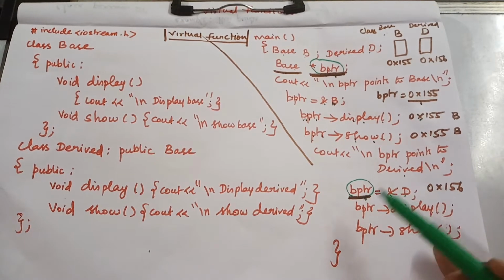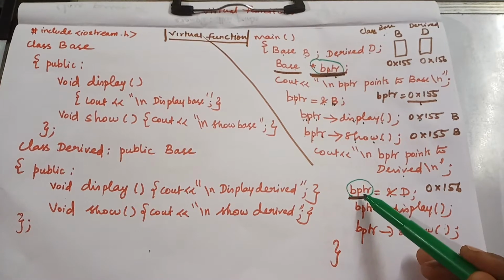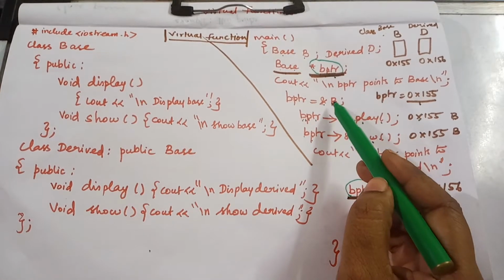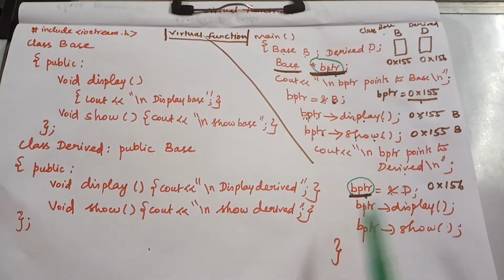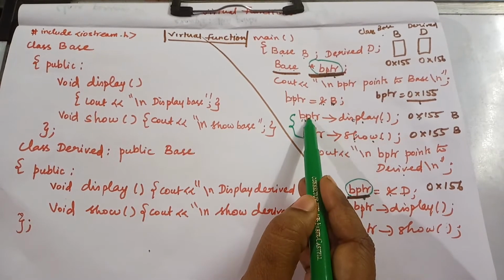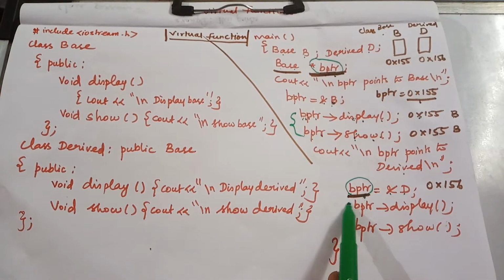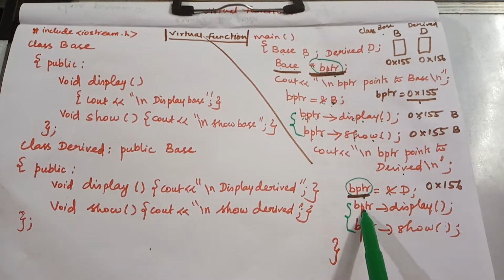Instead of creating a separate one, you can use only one base class pointer variable to store all the remaining objects. Okay, so this statement is calling the member functions for the base class object, and this statement is calling the member functions of the derived class.